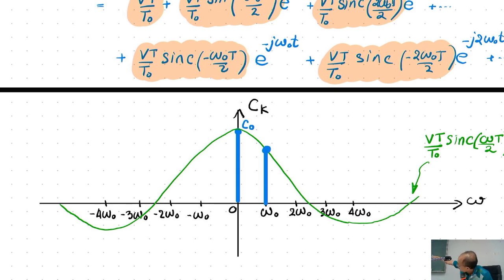And if you plug in omega as minus omega 0, because of the even property of the sinc function, you get the same value. The sinc function is symmetric about 0, right?